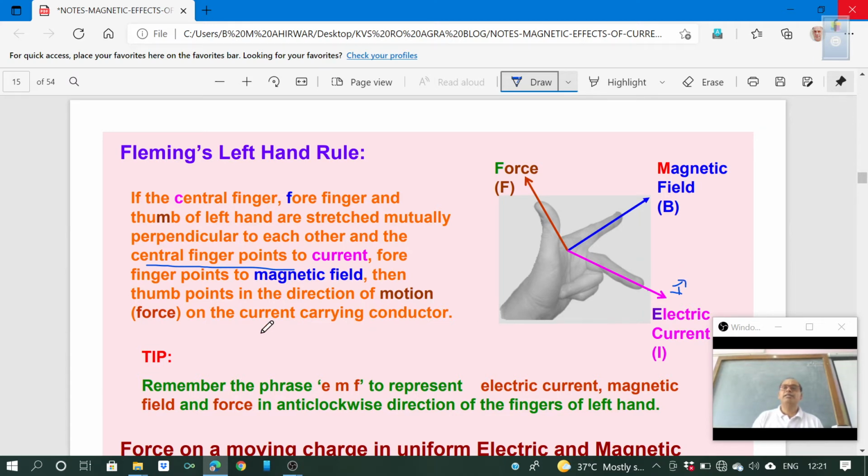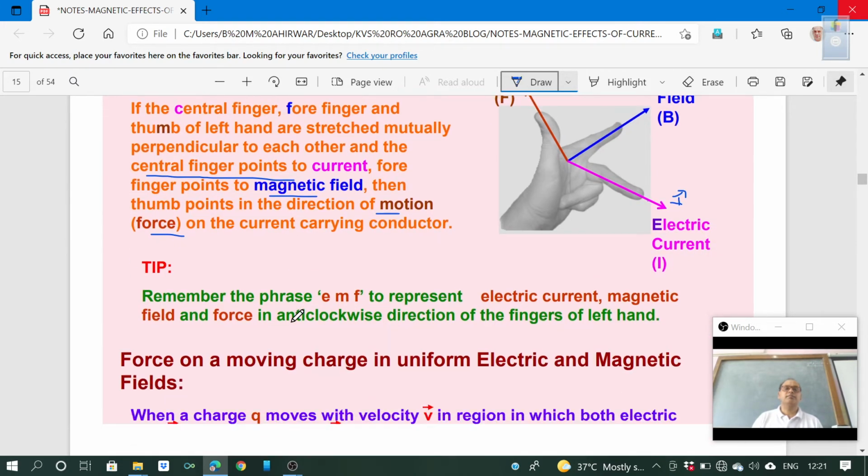The forefinger points the magnetic field, and the thumb points the direction of motion, that is the force on the current carrying conductor.